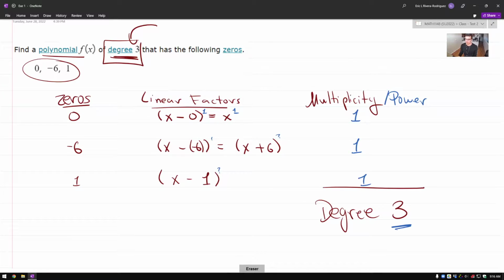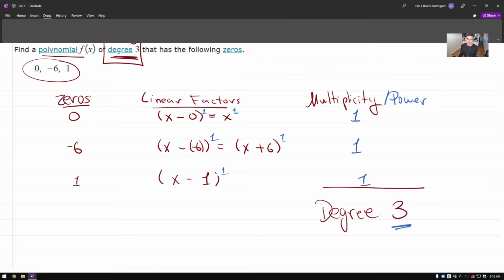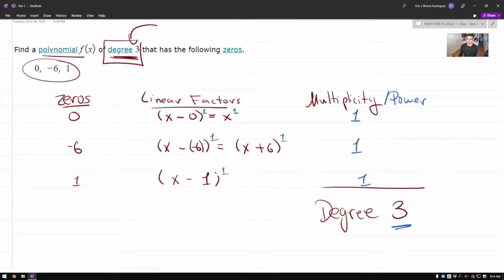The only possibility here is to give a power of 1 to each of these linear factors. So the multiplicity in each case is odd, odd, and odd.